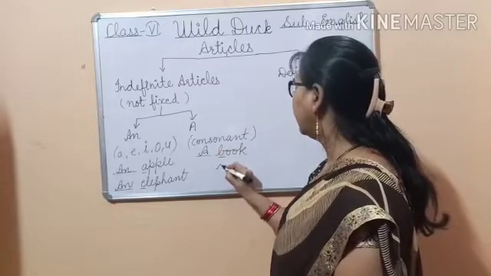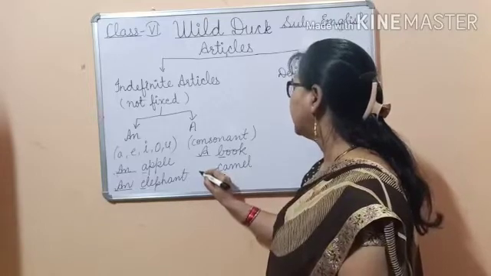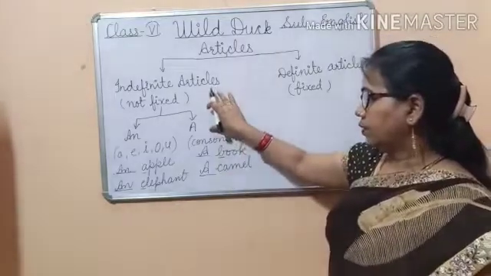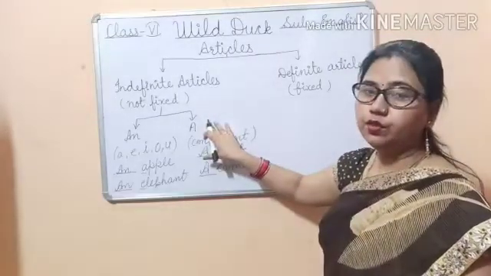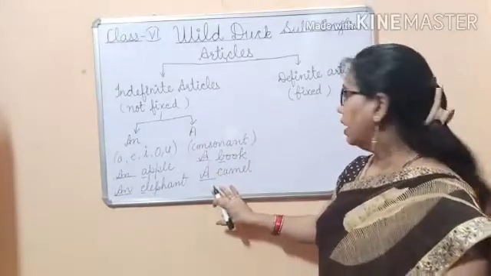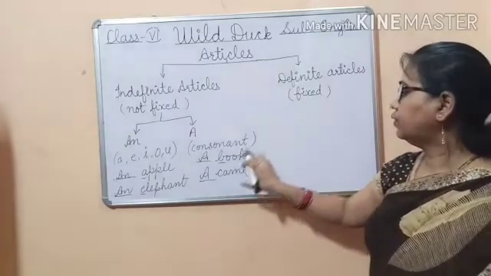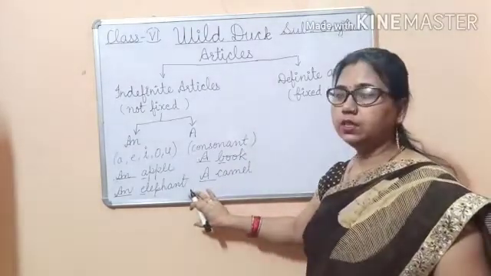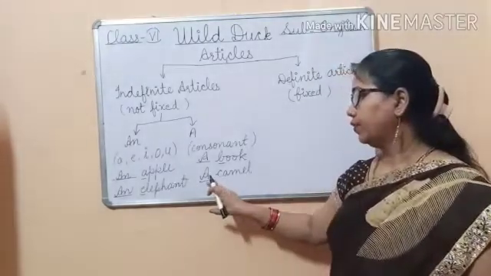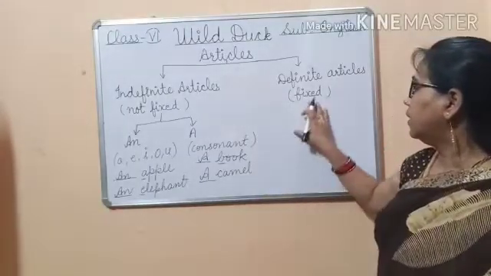C, camel: in general, we will use a camel. So a or an we use in general for general nouns, and for the first time when we are using these words, in the first sentence, we use a or an.